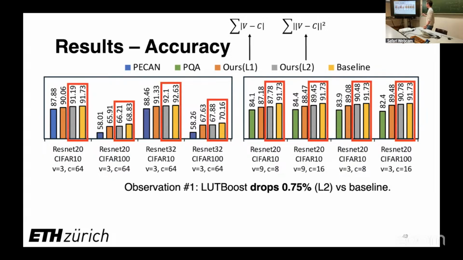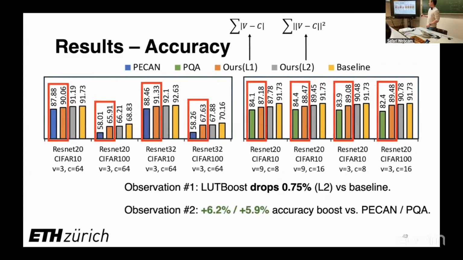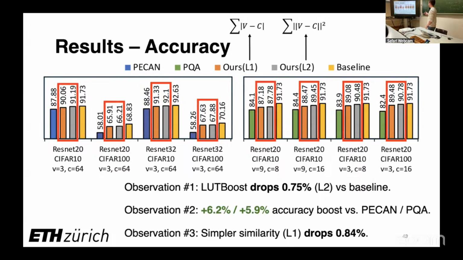First, using LUT-Boost, we only drop 0.75% accuracy compared to the non-lookup table baseline, which is pretty acceptable. Second observation, we drop about 6% less than the previous converters. And the third observation is that with L1, we drop 0.84%, which is pretty similar to L2, which is a good thing because L1 is simpler to do in hardware.